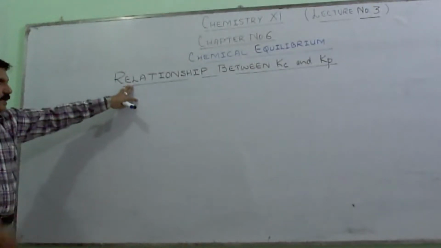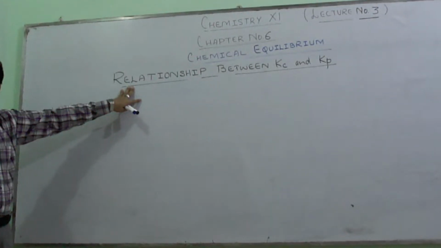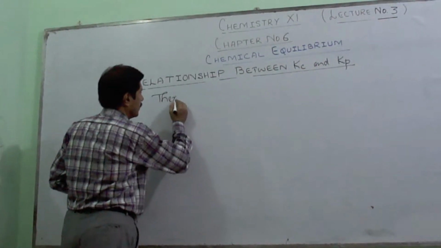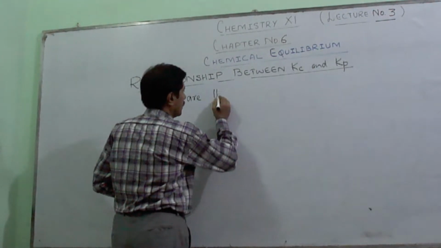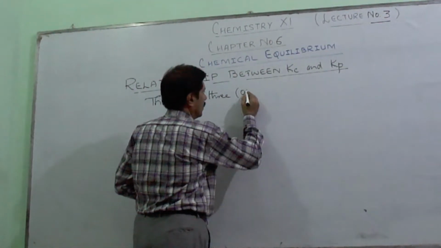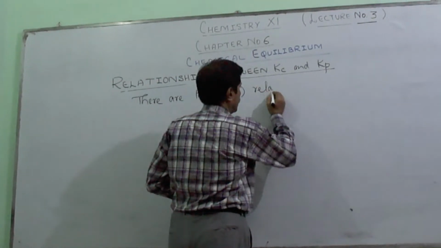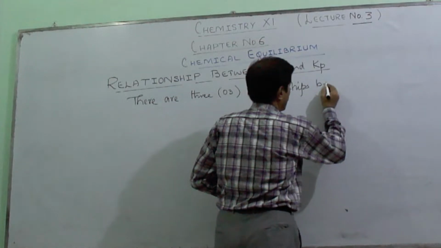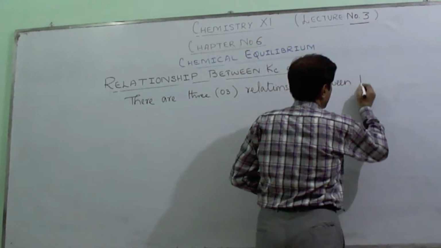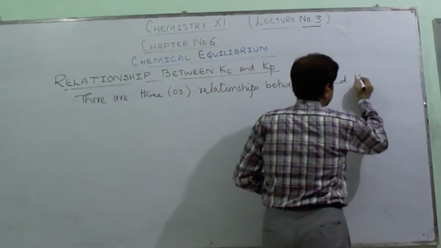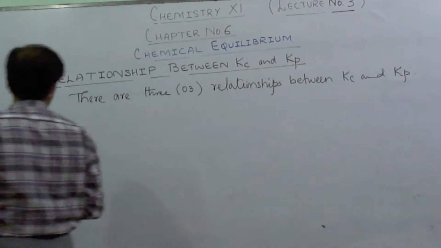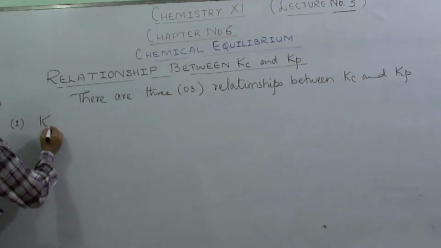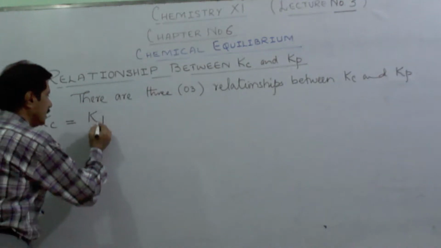Coming back to my topic, there are three relationships between Kc and Kp. The first one is Kc equals Kp.